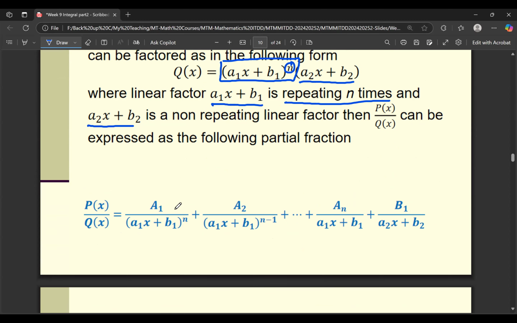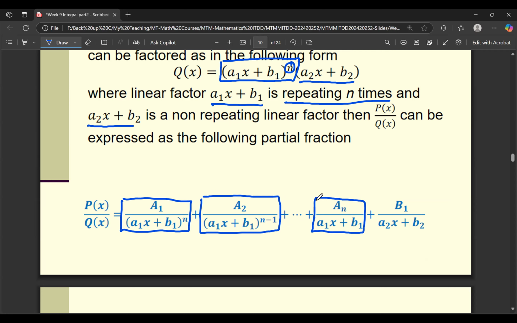So to get the partial fraction in this case, we have this pattern. We have one, two, three, up to n, so we have n partial fractions. This one is for the non-repeating.